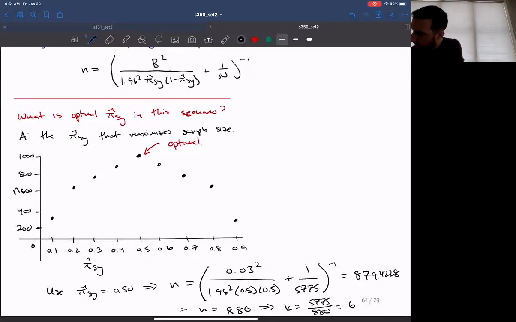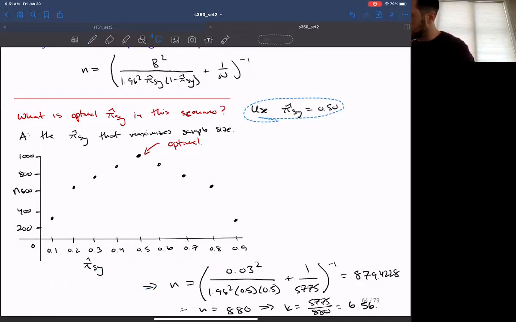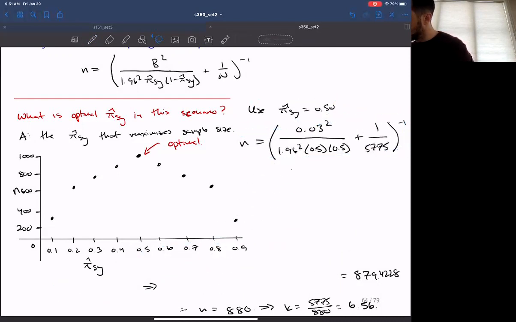Okay, so that's 6.56. So we're going to use a 1 in 6 systematic sample. All right. Okay, sorry, I was a little rushed at the end there, but got it done.